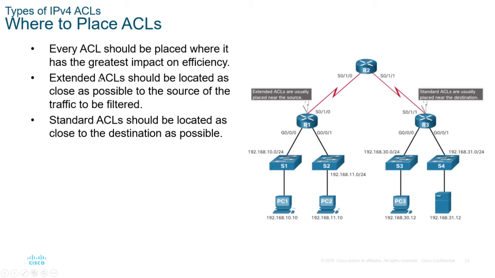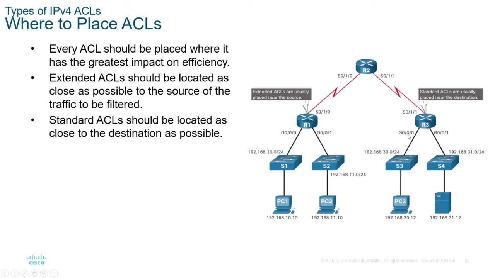So the only place I can put a standard ACL in that rule example, which is again to stop PC1 from talking to PC3, is on the G0/0 interface on router 3 going outbound. So this is the flow of traffic as it is going towards its destination. It would come through PC1, go to router 1, go to router 2, router 3, and as it was getting processed, it would go out of G0/0, and that's where that rule would be applied, and it would block that traffic.